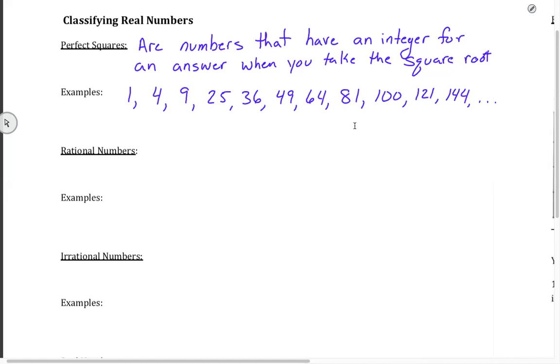Rational numbers. So a rational number is any number that can be written as a fraction.